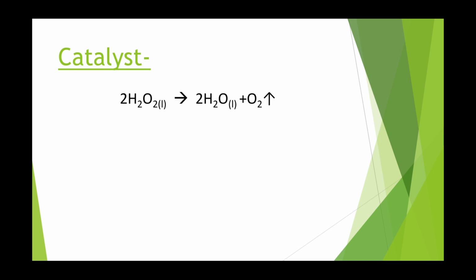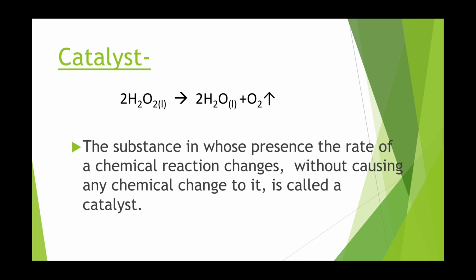But the same reaction will occur fast if we add manganese dioxide as a catalyst. That is, manganese dioxide powder acts as a catalyst to increase the rate of reaction. So, we can define a catalyst as a substance in whose presence the rate of a chemical reaction changes without causing any chemical change to itself.